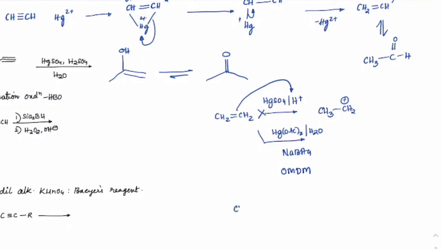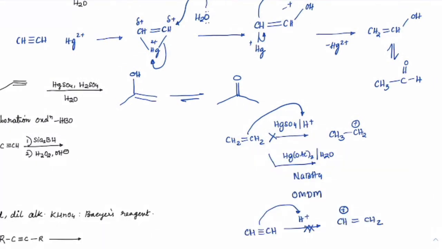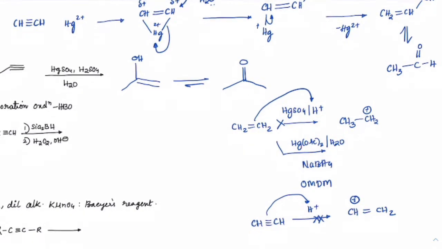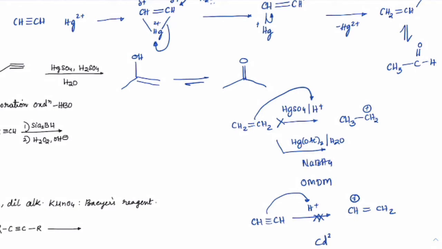But in the case of a triple bond, even if you take acidic medium, if it gets added, we'll have CH triple bond CH2 plus. So a vinylic carbocation is formed, so it is not very feasible to go in the forward direction. Got it? So hence this mercury type of groups are used. Instead of mercury, sometimes you may be given cadmium 2 plus, and the reaction still works.